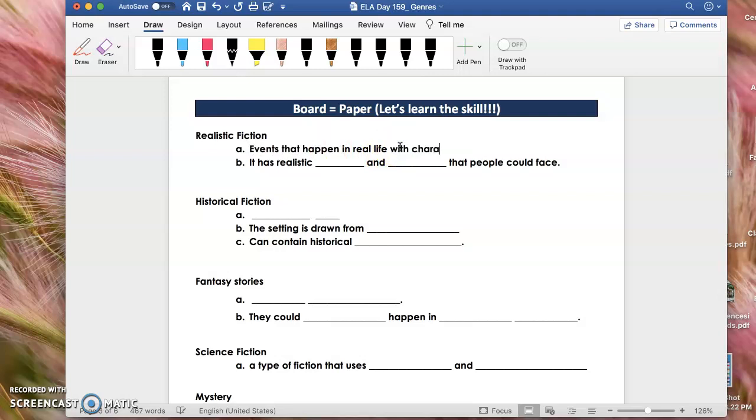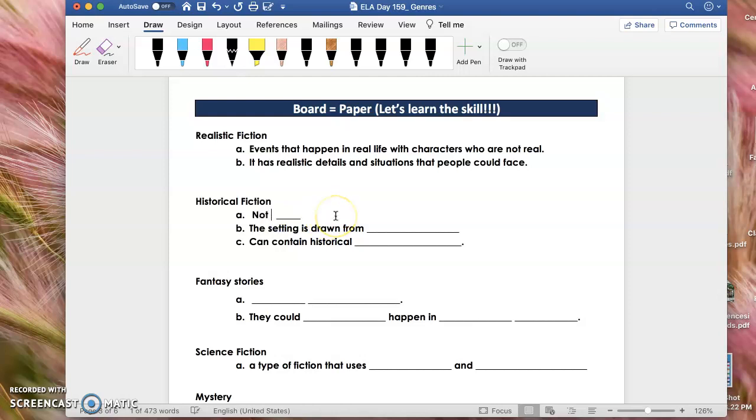With characters who are not real. Okay. And then realistic fiction has realistic details and situations that people could face.